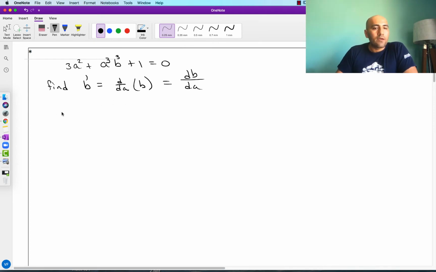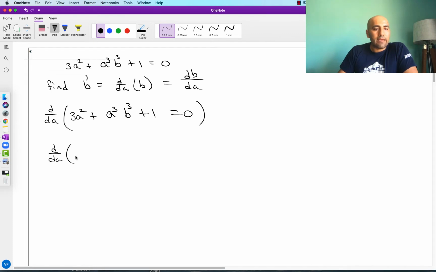Okay, so let's go ahead and find it, which means we have to take the derivative with respect to a. We have 3a squared plus a cubed b cubed plus 1 equals 0, and we want to take the derivative of the entire thing with respect to a. The first one should be nice and easy: the derivative with respect to a of 3a squared. The variables match. Plus, now we need the derivative of this, but it's a product rule.